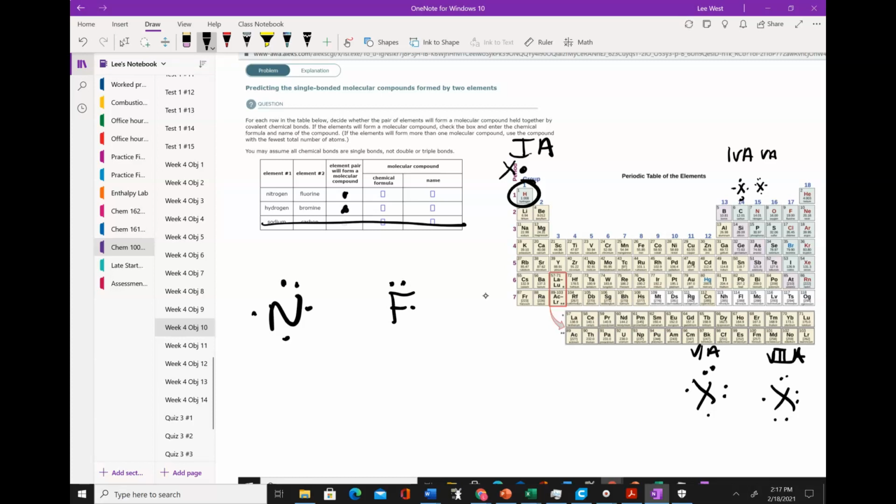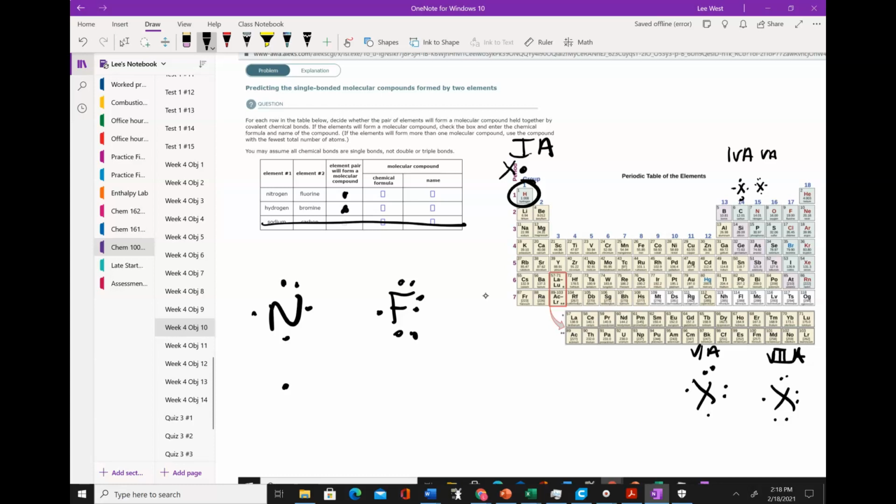I'm kind of doing this a little inappropriately because I know the answer. You should always put the dots singly first. So we want 7 total dots. 1, 2, 3, 4, 5, 6, 7. There you go. So nitrogen likes to make 3 connections and fluorine likes to make 1.